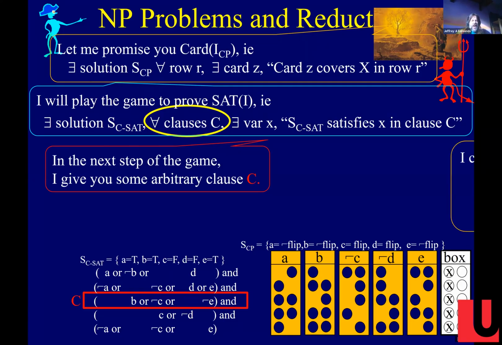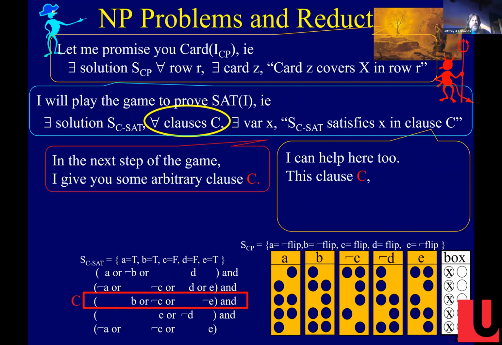I'm going to ask her about the clause in question. The clause that my adversary gave me, the red clause, corresponds to some row, right? Remember, there was a one-to-one mapping between clauses and rows, so she's going to give me some row.